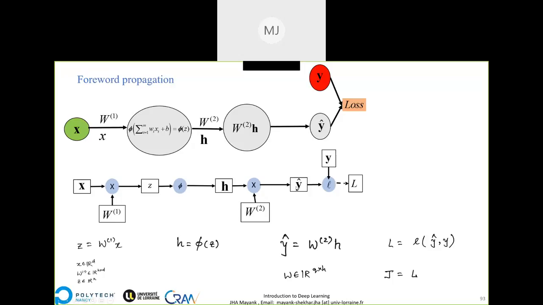Okay, goes ahead, and you have y hat. And you have the loss function, which is the square function, and taking into account the difference between y and y hat, the loss is produced. So that's your forward chain. That's your forward propagation.